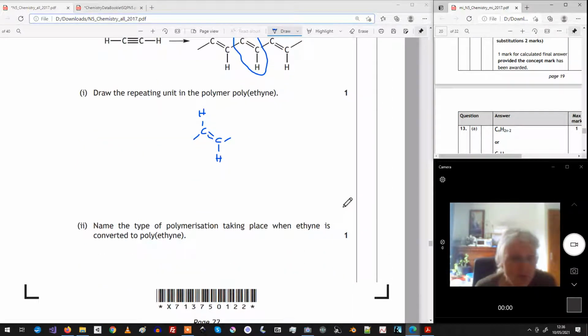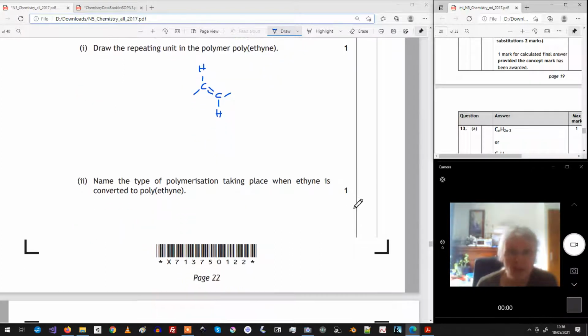Part 2. Name the type of polymerization taking place when ethyne is converted to polyethene. And the answer is addition. There are two types of polymerization: addition and condensation.